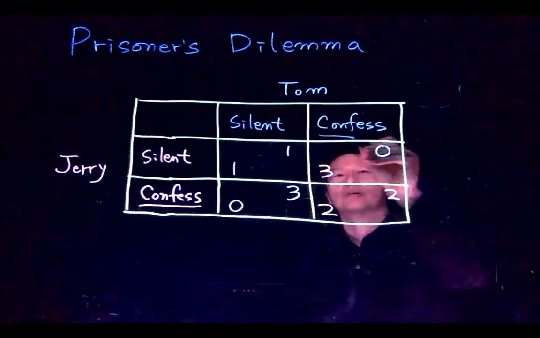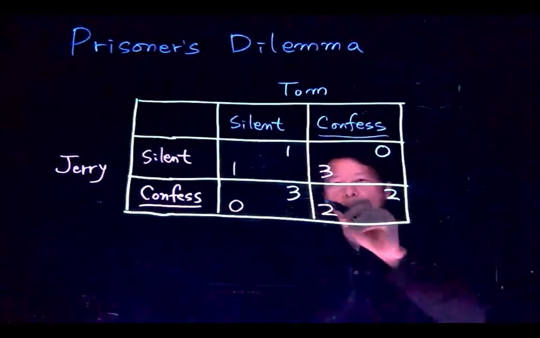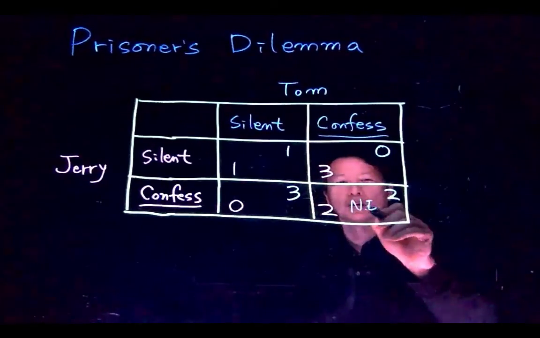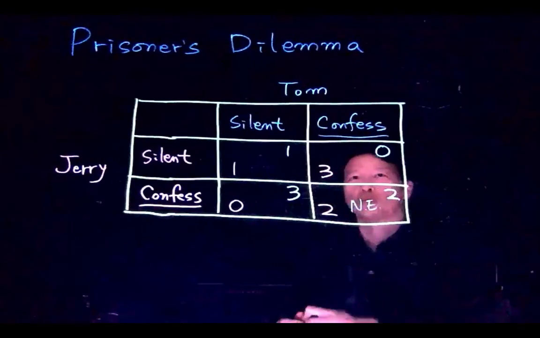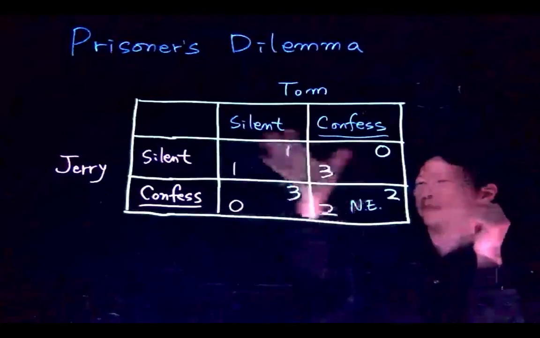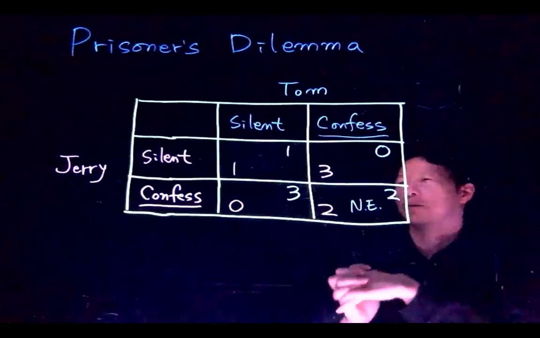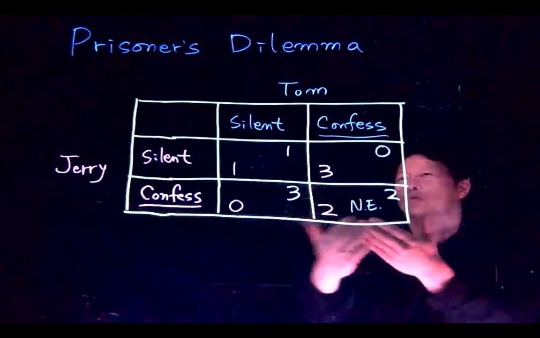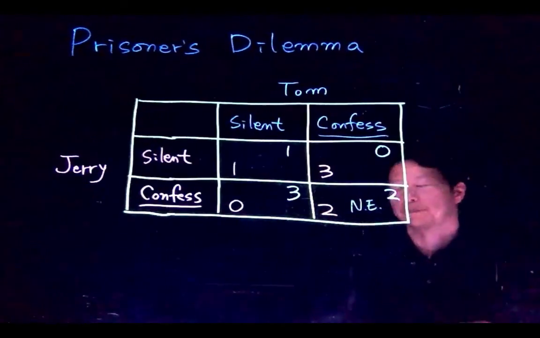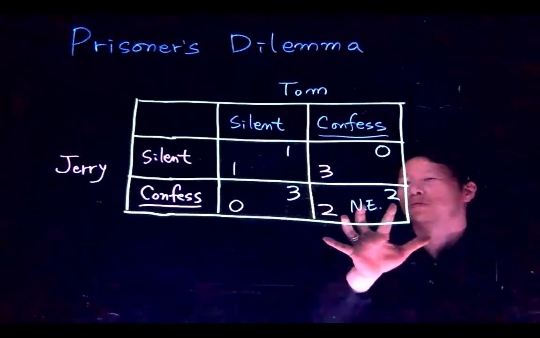So as a result, this is what we call the Nash equilibrium. Both of them will choose confess because we analyzed the payoff. Whatever the opponent chooses, confess is always the better choice. So both of them will choose confess, and they will actually stay 2 years each in jail.